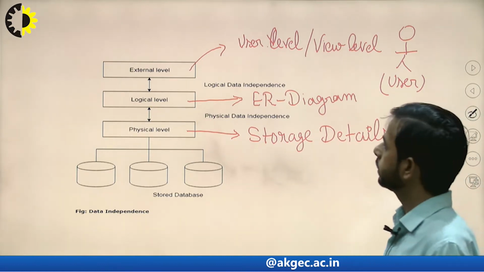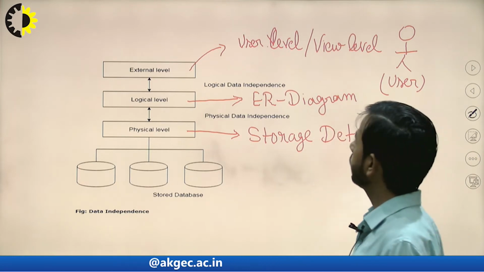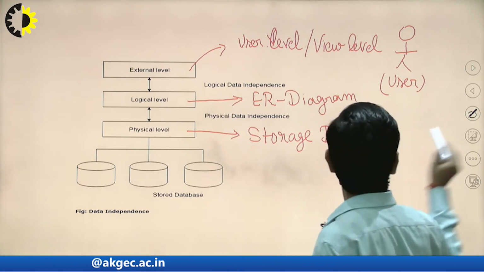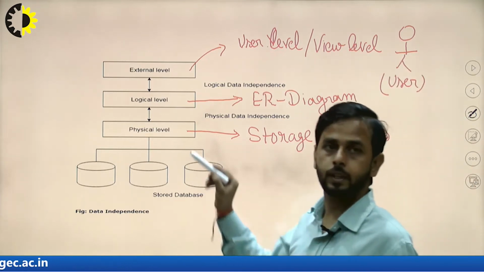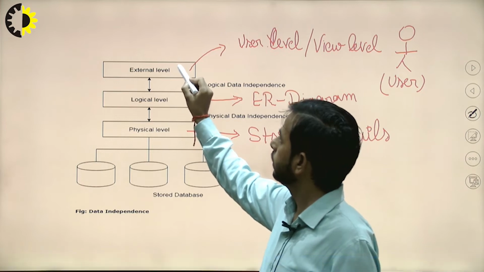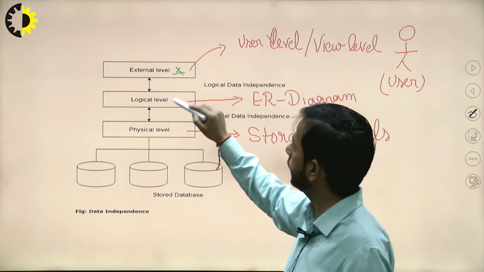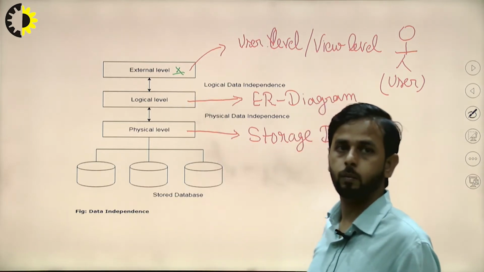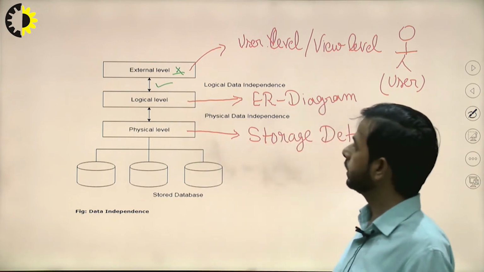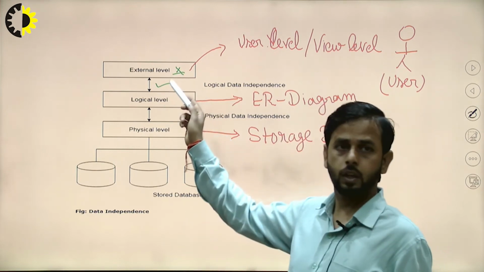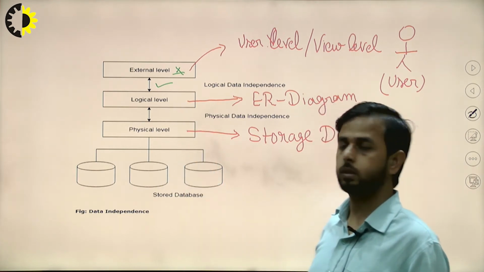Now, whatever modification we perform at the external level will not affect the logical level. This is known as logical data independence. Means external level modification is independent of logical level modification.